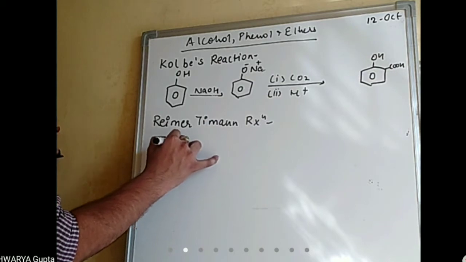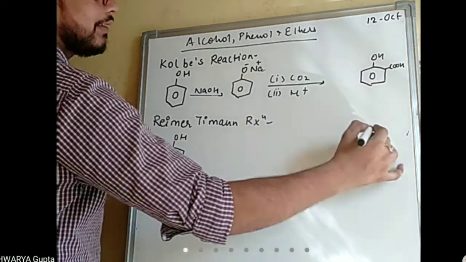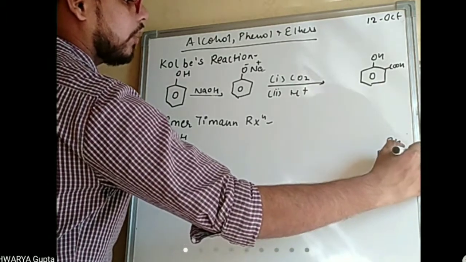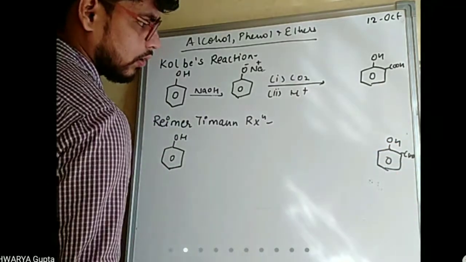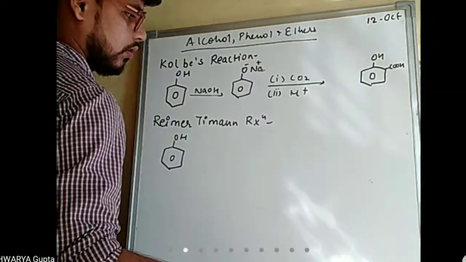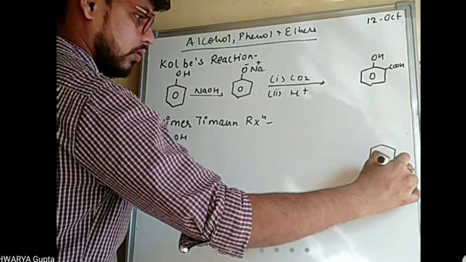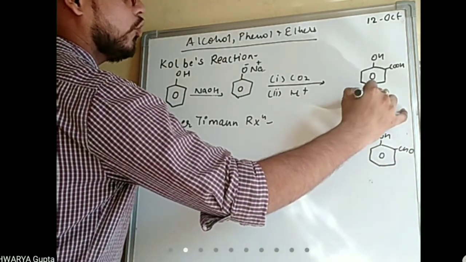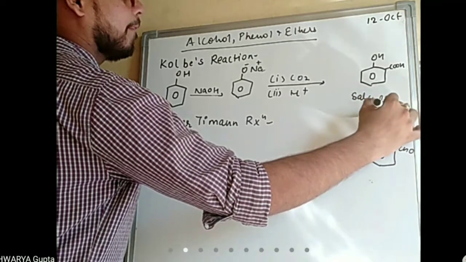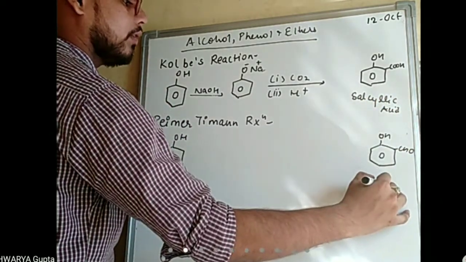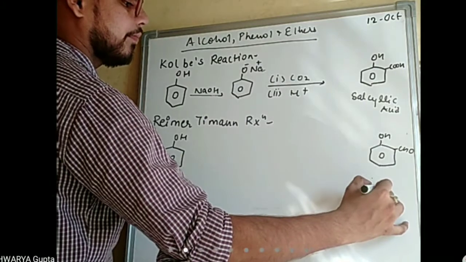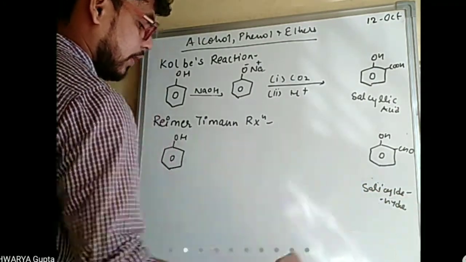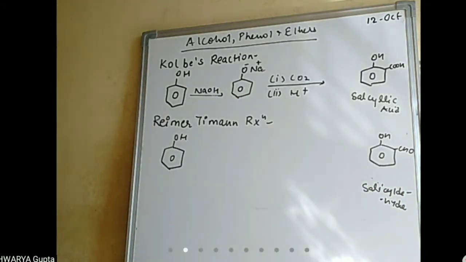According to this reaction, phenol is converted into, here the product is salicylaldehyde. In the previous case the product was salicylic acid. What happens in this reaction?